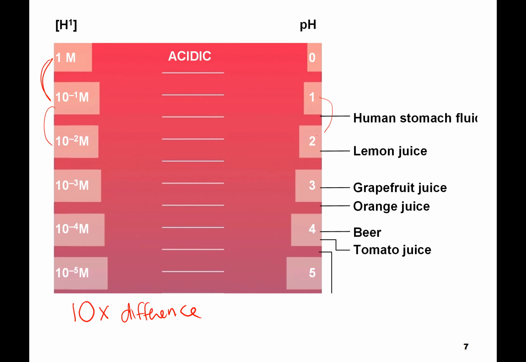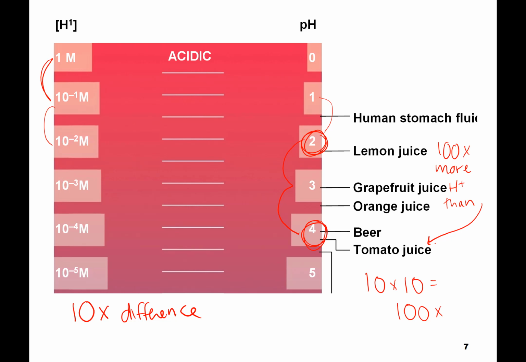For instance, the difference between lemon juice and tomato juice is 2 pH units, but 10 times 10, 100 times difference in hydrogen ions. So lemon juice has 100 times more hydrogen ions than tomato juice. So it's more acidic.